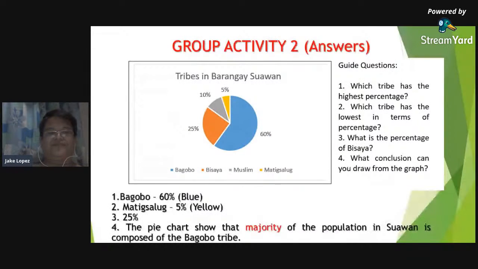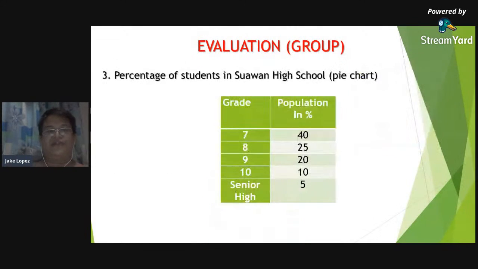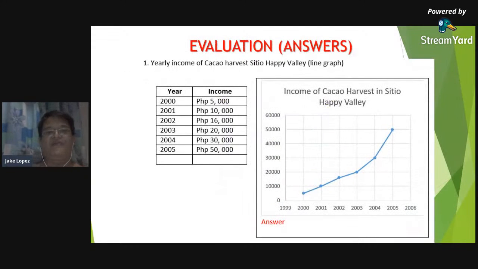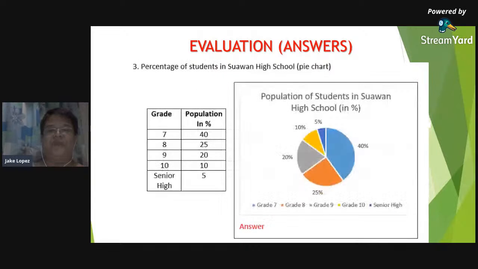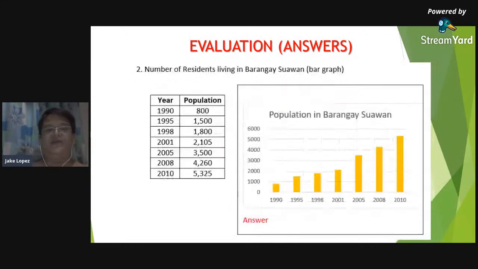Since we have to also have an evaluation of our lesson, I need you to answer this. And actually, the answers are found after. But no cheating. You can pause that portion here. This one, the questions one to three, and then try to check if your answers are correct here.